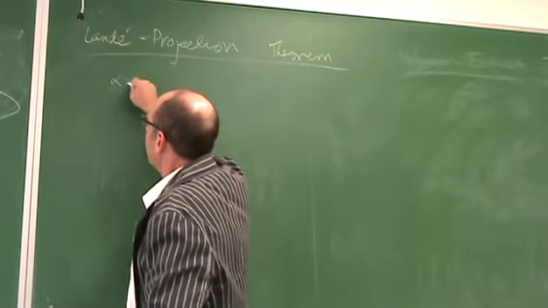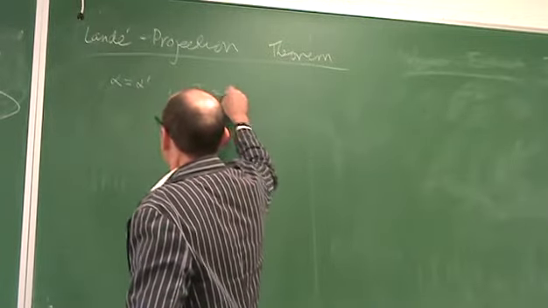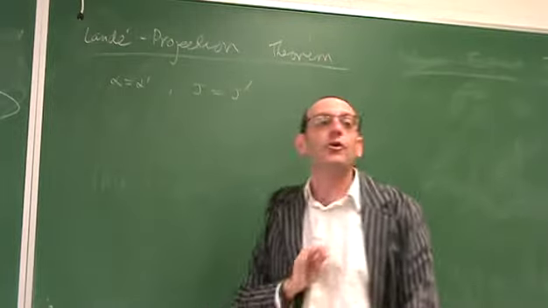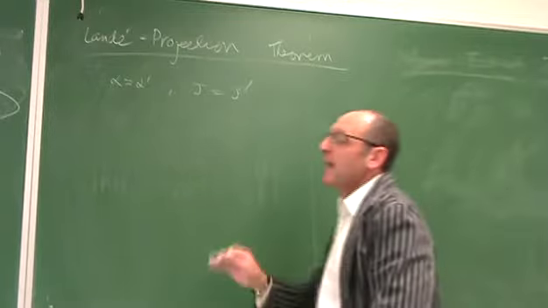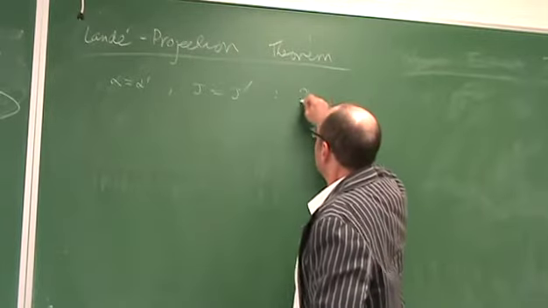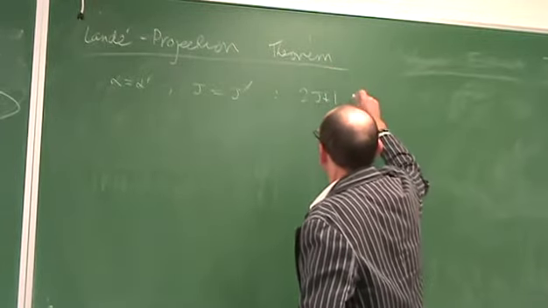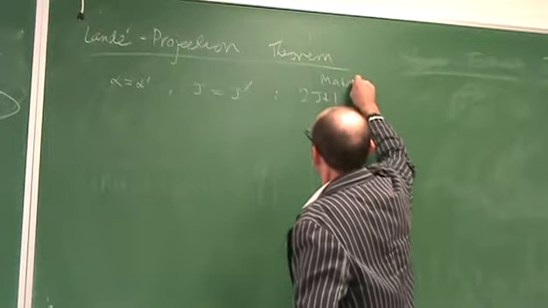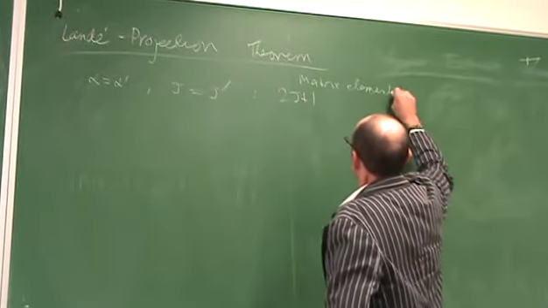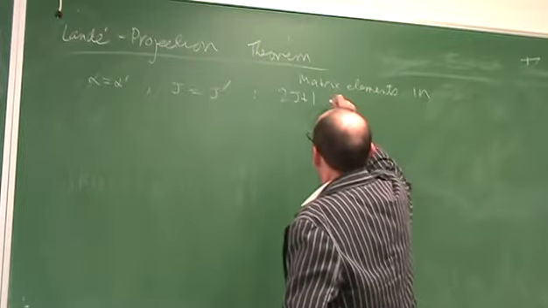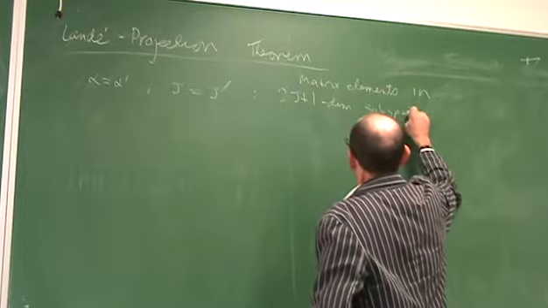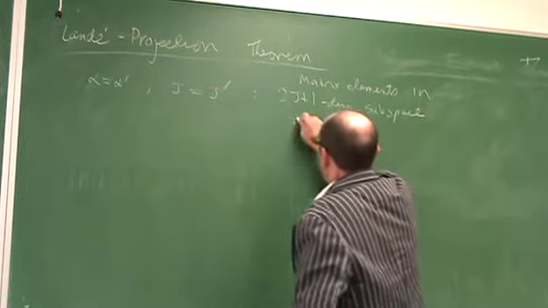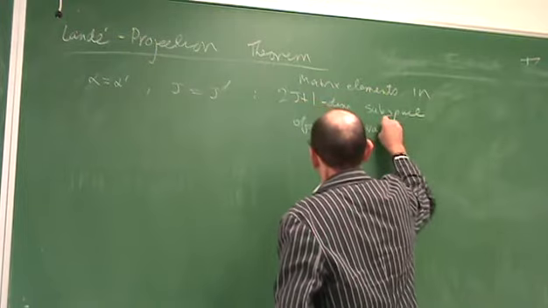Suppose that alpha equals alpha prime and j equals j prime. So I'm looking at the matrix element of some tensor operator restricted to the 2j plus 1 dimensional subspace of mj values.